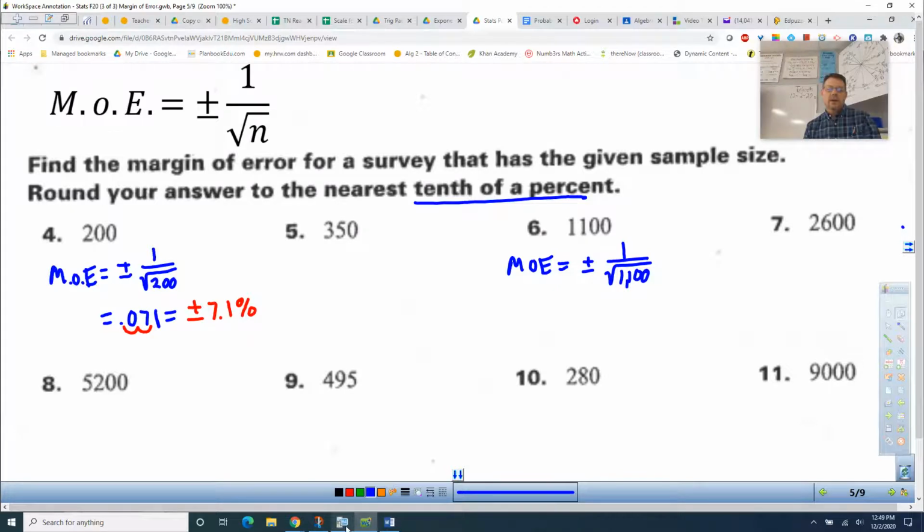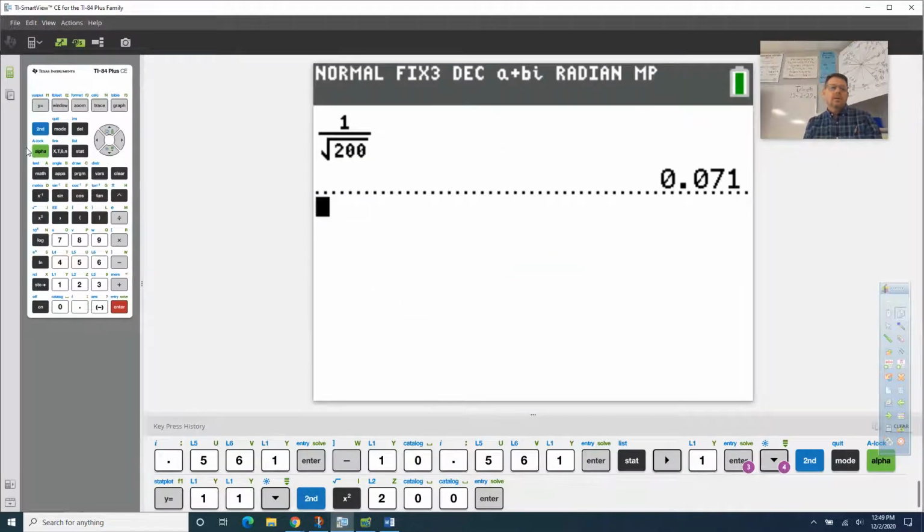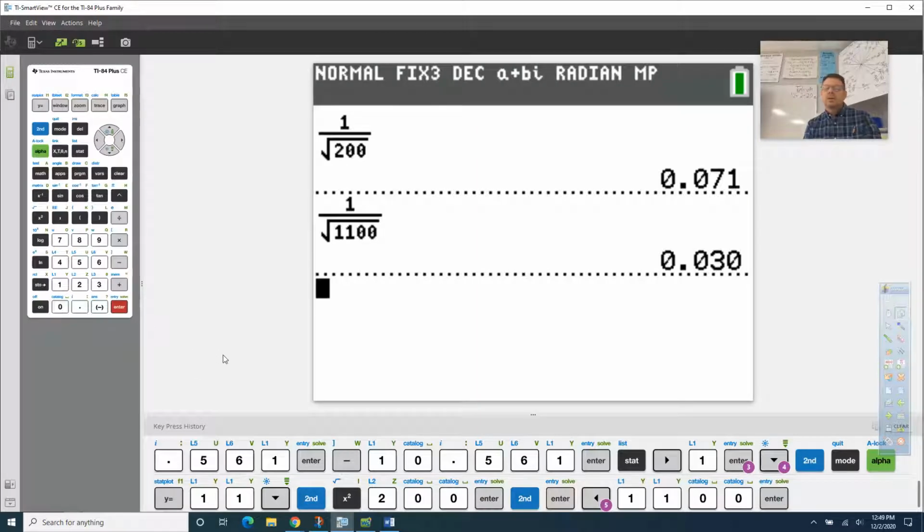I'm going to grab my calculator real quick. Second, enter, and then just come back over here. Just do 1100, enter, and we get 0.030.